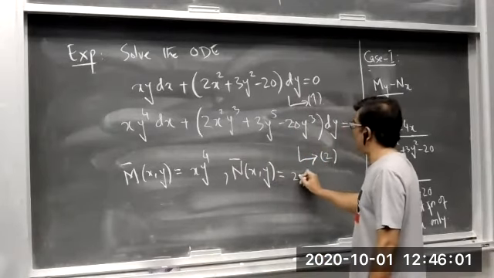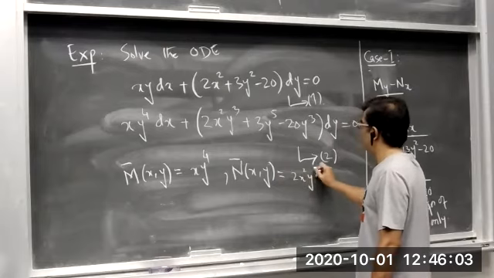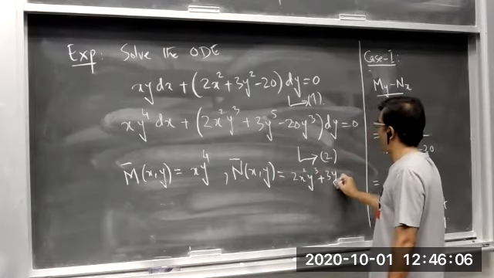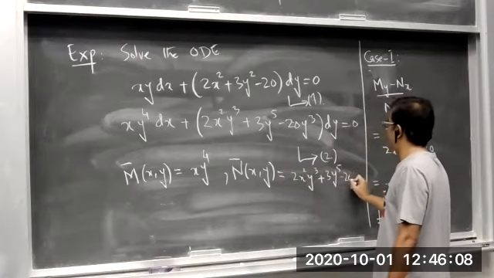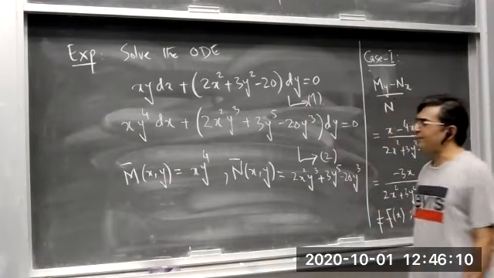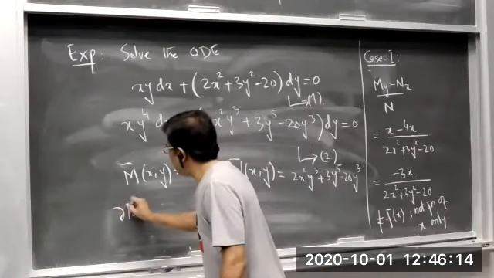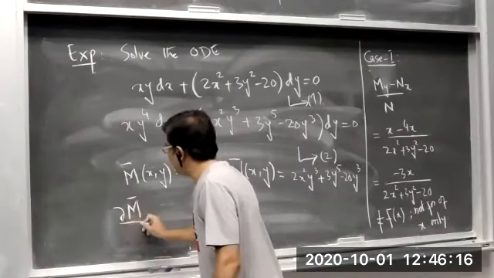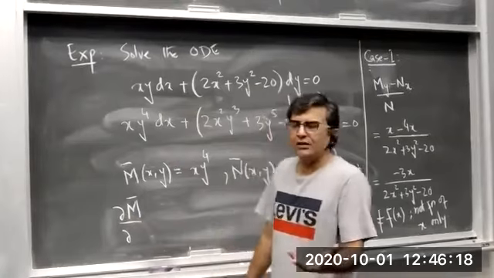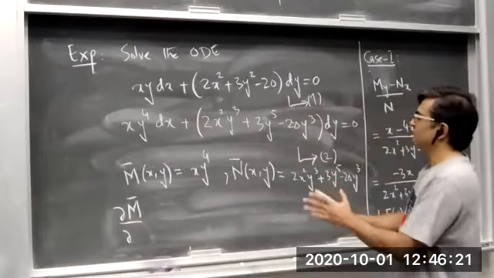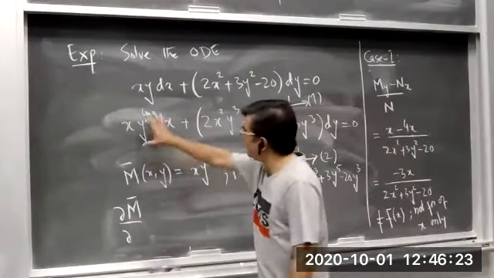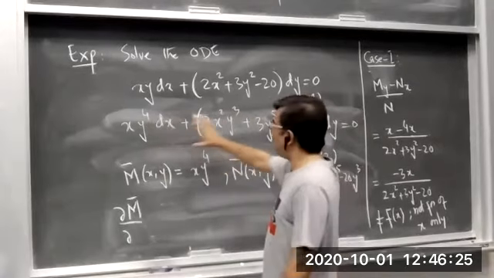It is 2x square y cube plus 3y^5 minus 20y cube. ये आपके नए M और N आ गए. अब आप यहां पे देखें, दोबारा अगर हम क्राइटेरिया चेक करें, you don't need to check it, but आप फिर भी देख लें क्योंकि ये एग्जैक्ट बन जाएगी. This must be an exact equation.